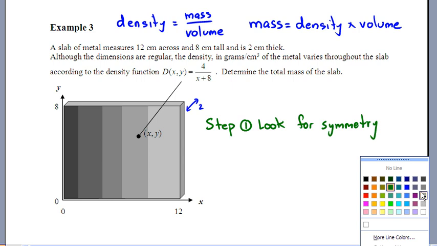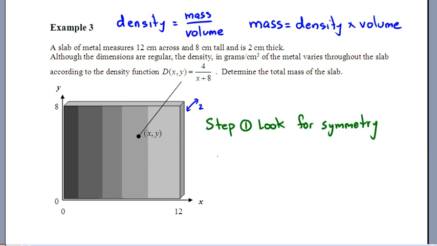Another way to think about this little step here that I've mentioned is you have to sit there and kind of ponder this thought. You have to imagine how we should cut the slab. And I'll put cut in kind of air quotes here.